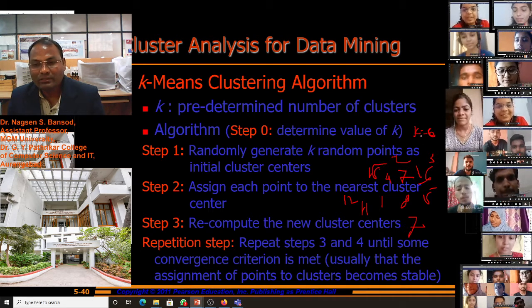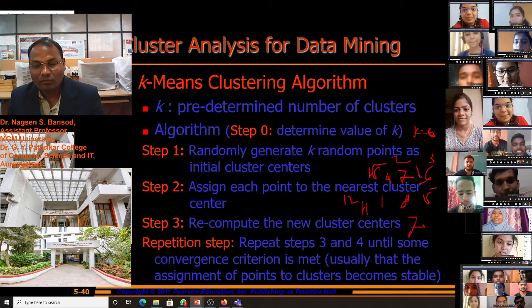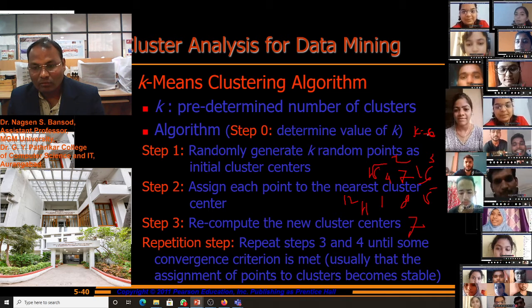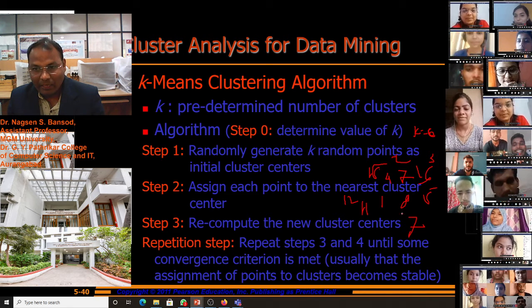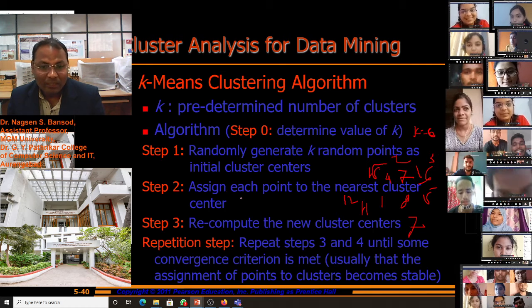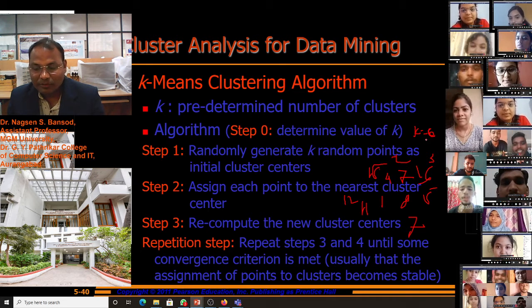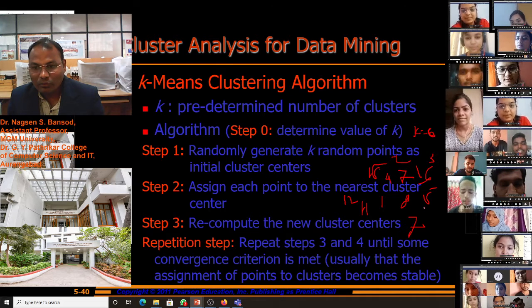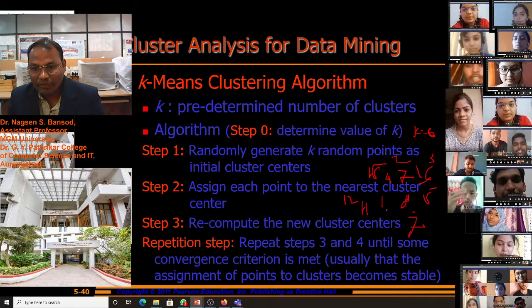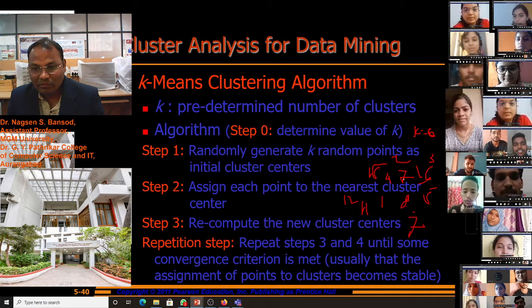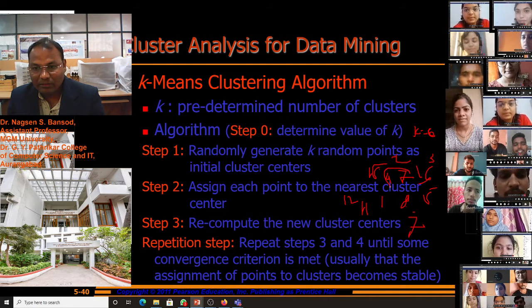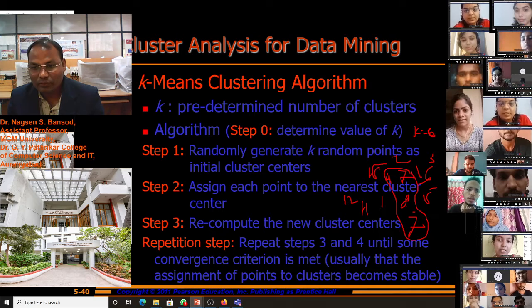Randomly we will select any value for k and then assign each point to the nearest cluster. After selecting this k value, the nearest values of k are 7, then 5, then 7, then 4. We will make the cluster of these values.